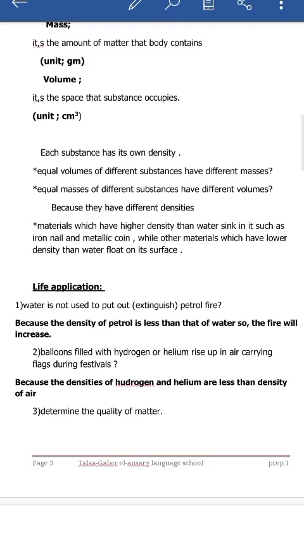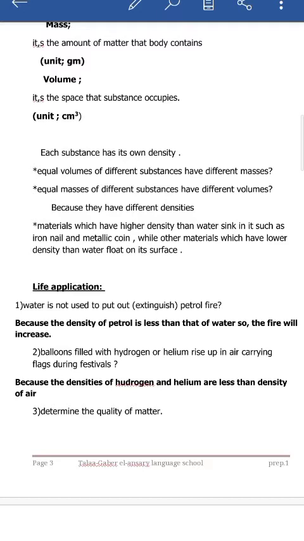Okay. The density of water is 1 gram per cubic centimeter. Bravo. That means the mass of 1 gram of water equals 1 cubic centimeter of water. Okay.